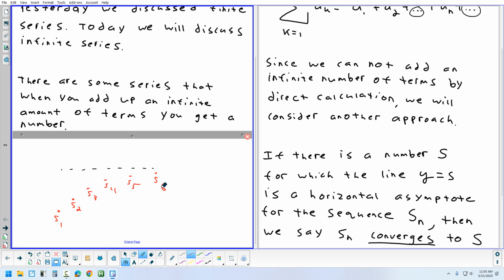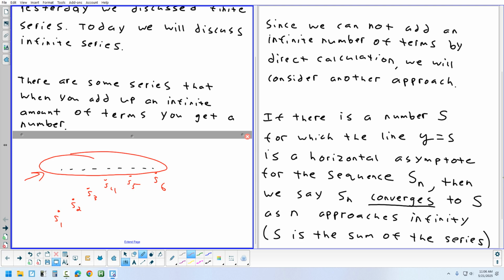If we kept adding up terms, like the first 100, it looks like the red dots are getting closer and closer to this horizontal line. If the red dots just get closer and closer and never cross it, then this line is an asymptote that represents the sum. You found it. We have to talk about how you find that, but that's the idea.